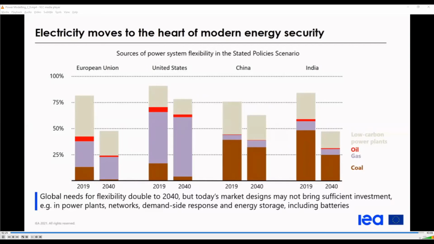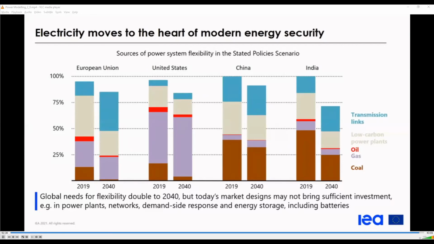Storage and demand side response will play a central role in flexibility, provided that we have the right policies and regulation to make this happen. And of course, on top of all these sources are grids. So solutions exist. They have a different range of impact, and the optimal mix of these solutions depends on the characteristics of each power system.